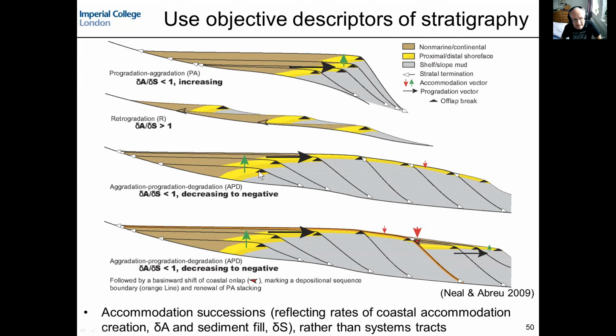And again, you can see in here they've picked particular features either because they have a geometrical aspect which is easy to recognize, or because they might be distinctive facies in wells, cores, outcrops, and we can trace those positions. And again, we can say something about how much they've built up vertically, or they've downstepped vertically, and how much they've moved towards the basin, how much they've moved towards the basin margins. So again, aggradation, progradation, transgression or retrogradation, those are terms we can use without having to assign these rather interpretive system tracts.